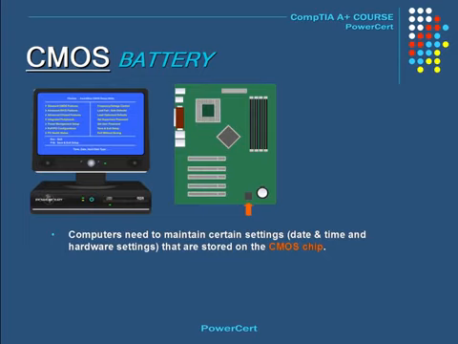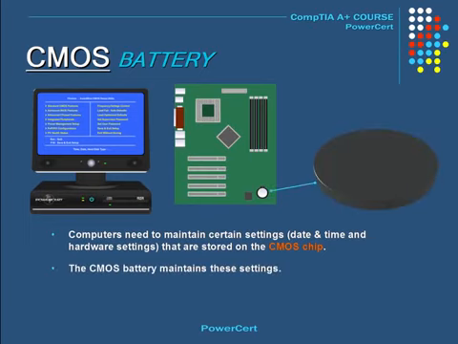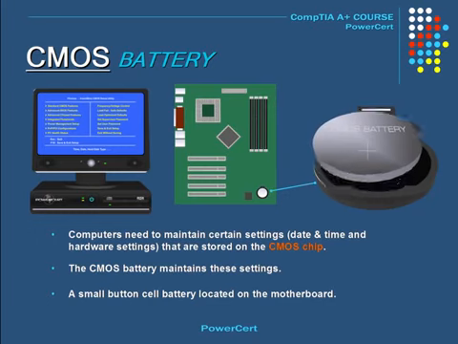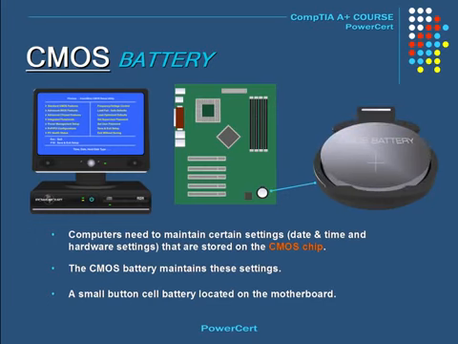And in order for the CMOS chip to maintain these settings, it needs a battery. This battery is called the CMOS battery. The CMOS battery is a small button cell battery which can be seen on the surface of the motherboard and is usually located on the bottom right-hand corner. The CMOS battery is basically the same type that is typically used in wristwatches.